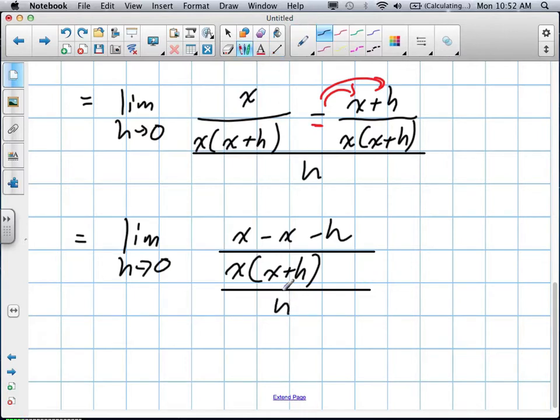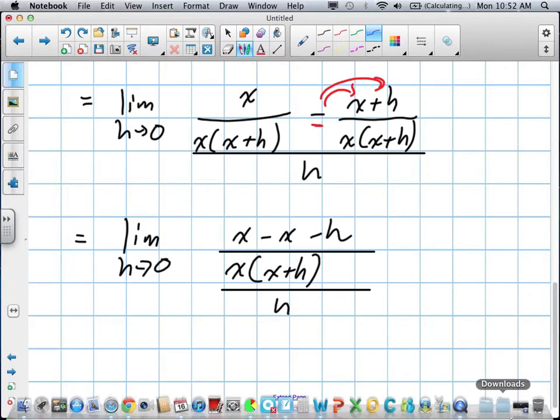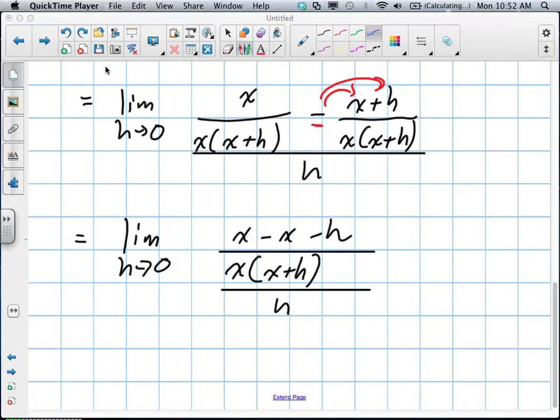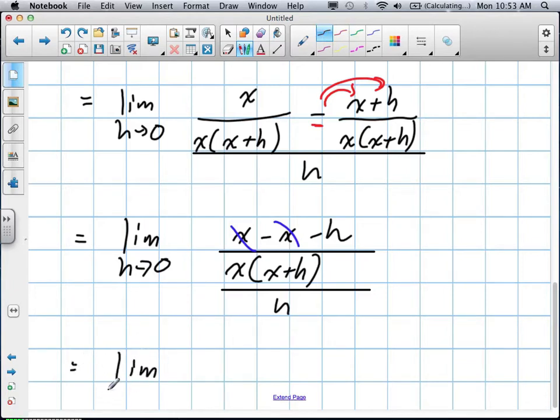Our fraction is really compounding here, so we're going to try to simplify it. Like I said, we have our x's. Our x's are both going to cancel out to make a 0. And we've canceled out those x's, so we have negative h on top now.